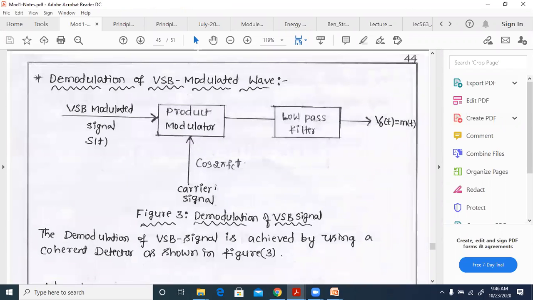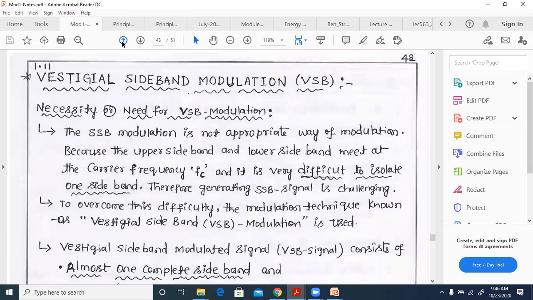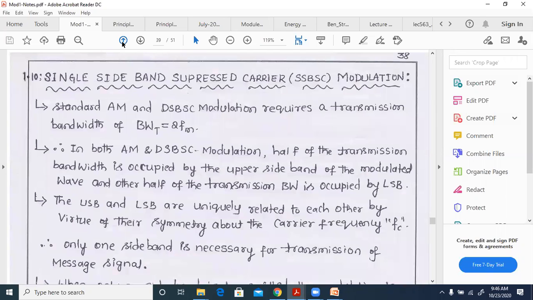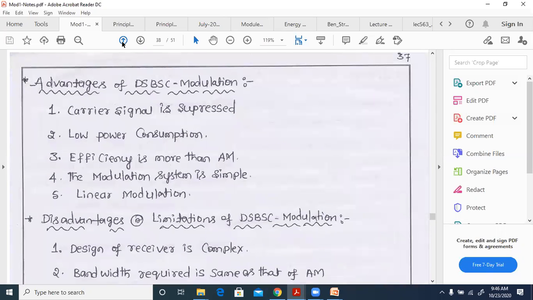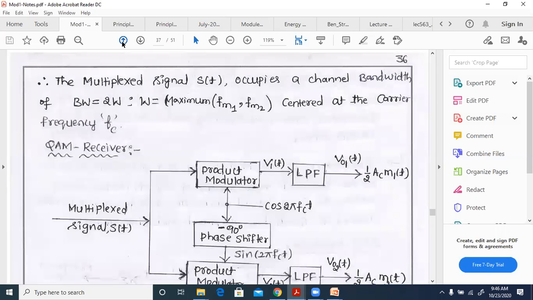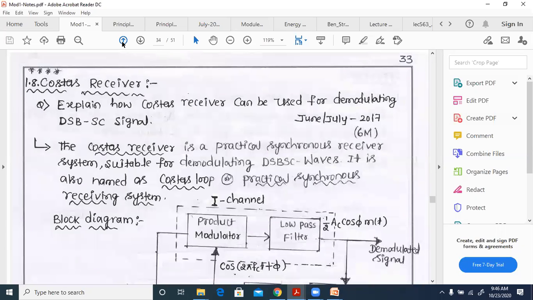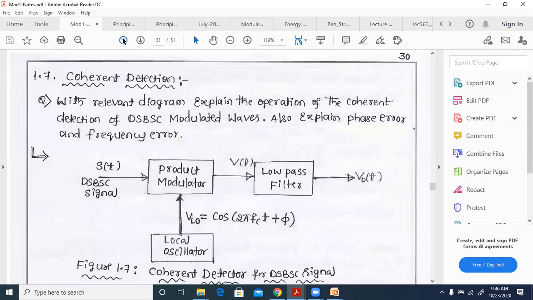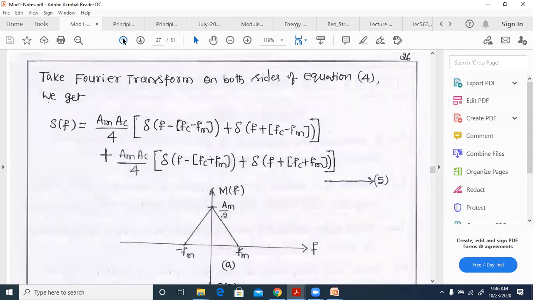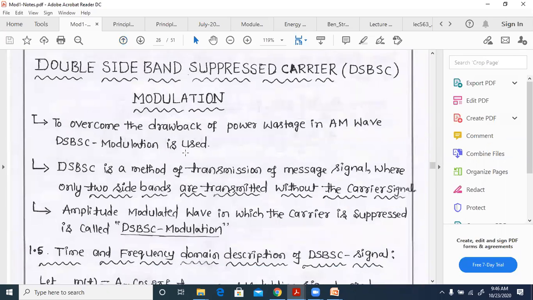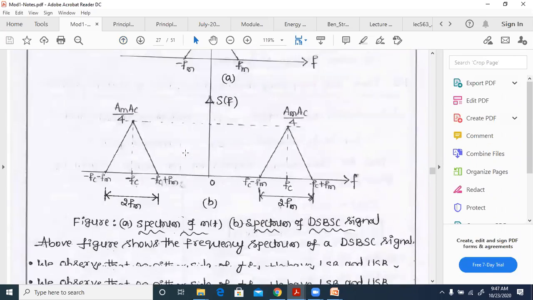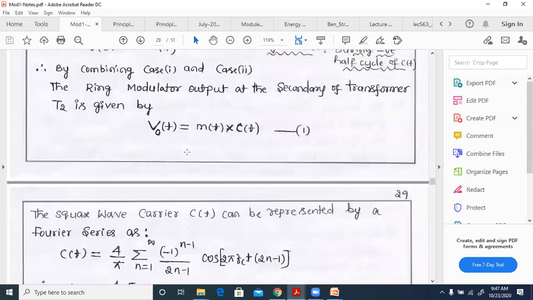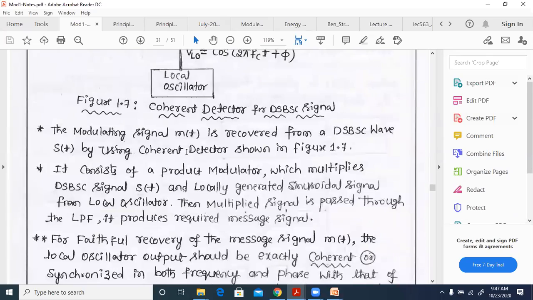So let us see where it is. Ring oscillator, coherent detection.